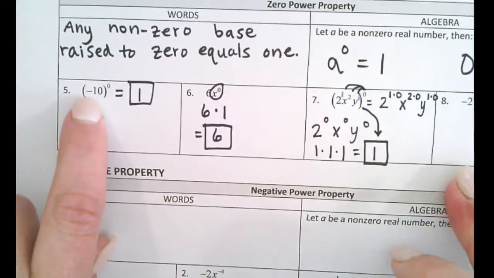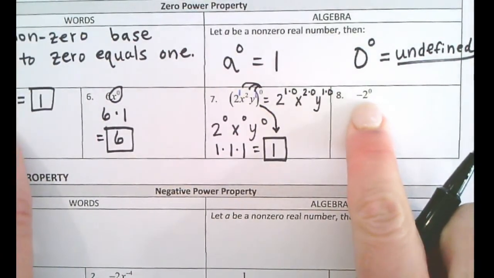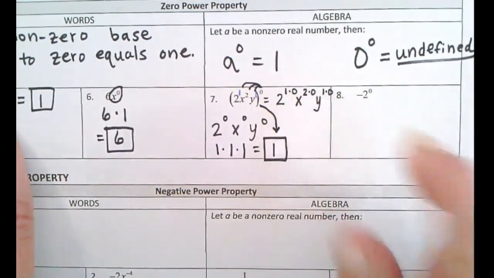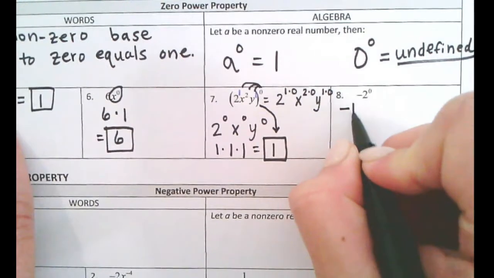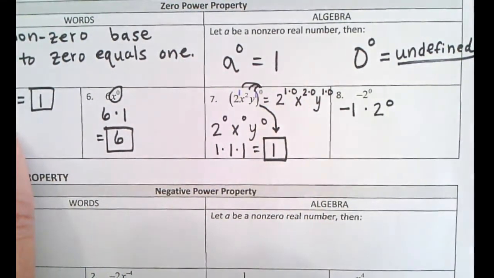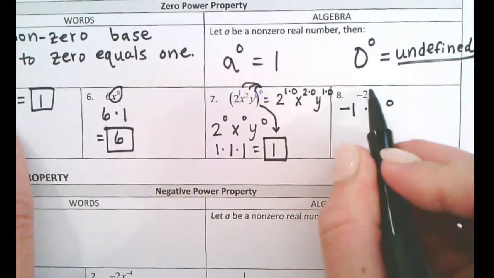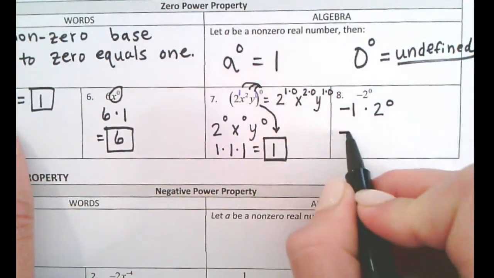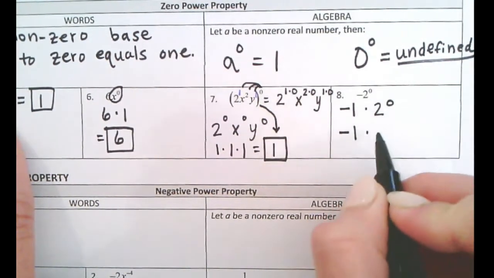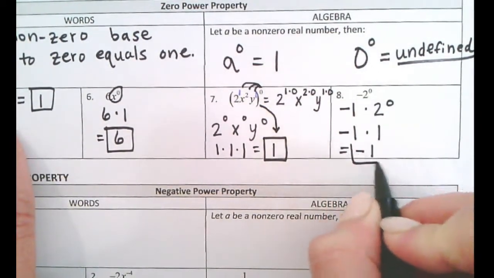Now notice the difference between the first problem we had, where negative 10 was inside parentheses, and this one, where it is not. So this works the same way as leaving the negative sign on the outside as a negative 1. So negative 1 times 2 to the 0 power, which is negative 2 to the 0 power, is negative 1 times 1, or negative 1.